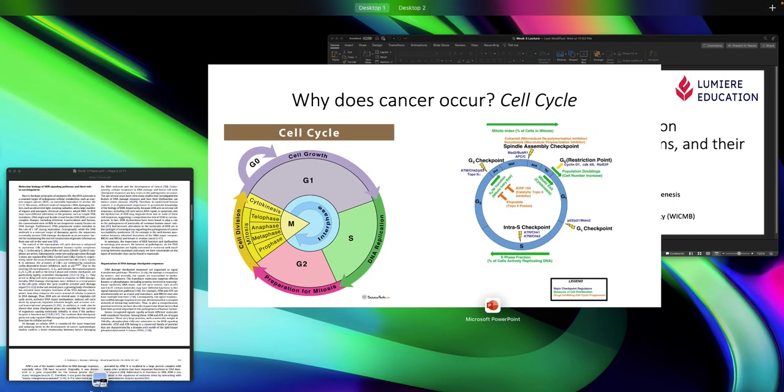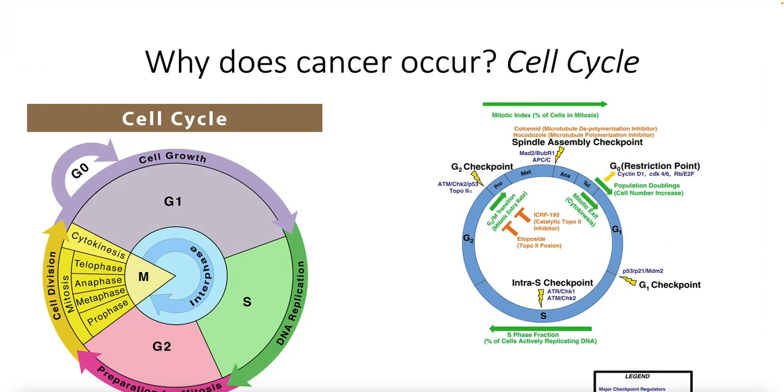Let me pull up your guys' worksheet. There we go. So just to go through the cell cycle again, there are two growth phases, G1 and G2, and an S phase. An S phase is where DNA is replicated. So basically the cell grows, and then it gets big enough and it's like, hey, let's divide.